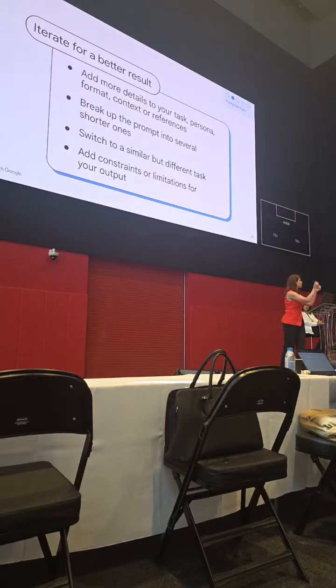So maybe you break it up into smaller sentences. Or one of the nice things, and it works for a lot of AI tools, Gemini included, is you can build on prompts that happened before. So maybe you split it into multiple prompts and you start adding more information. I wanted to do this, and I wanted to do this. And that can also help.